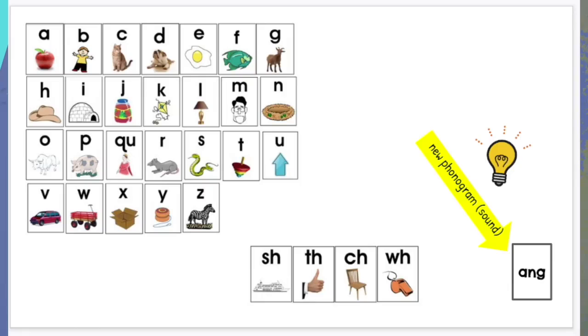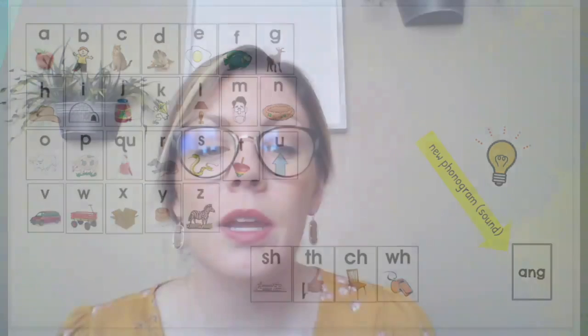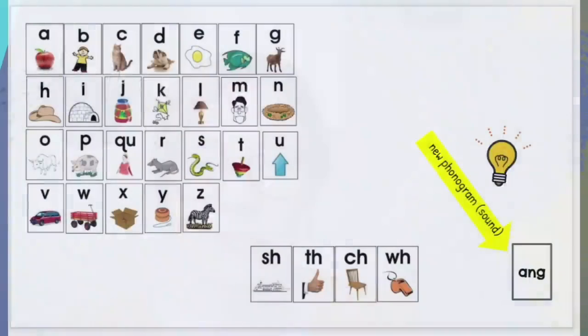Ch like chair. Wh like whistle. And that one, the WH is the one that you're really pushing air out. That's different than just plain old W. Wh like wagon, but wh wh wh like whistle, you're blowing that air out, kind of like you're whistling, or you're blowing out like a birthday candle.